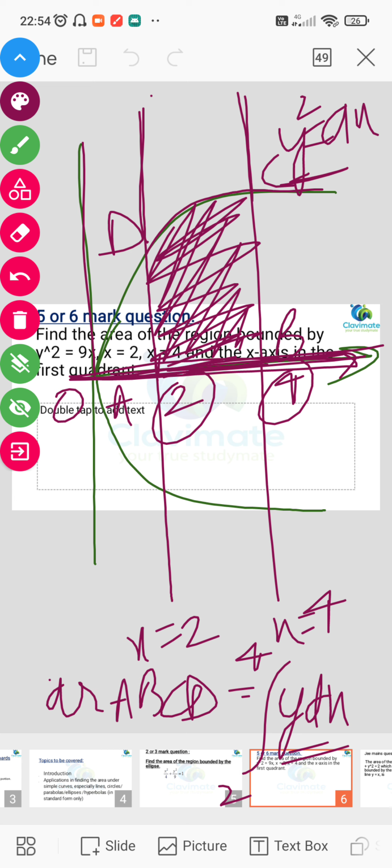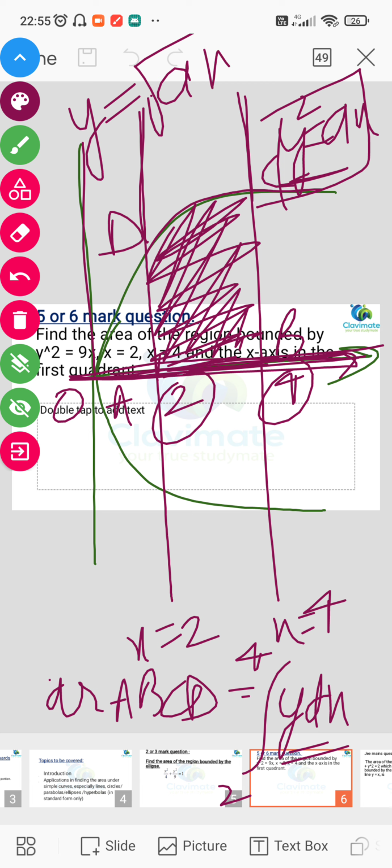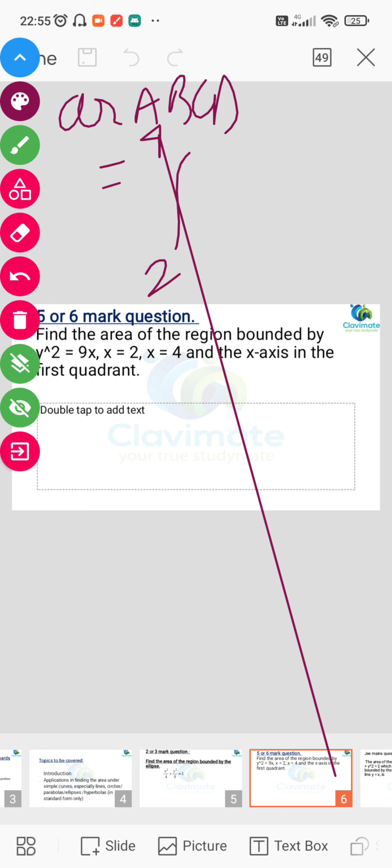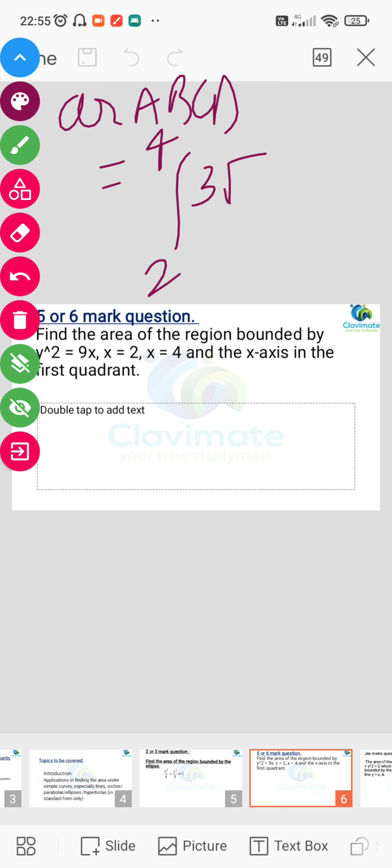Since y square is 9x, y will be under root 9x, which is equal to plus minus 3 root x. Since we have to find only the first quadrant, we will take the positive sign. So the area of ABCD is the integral from 2 to 4 of 3 root x dx.